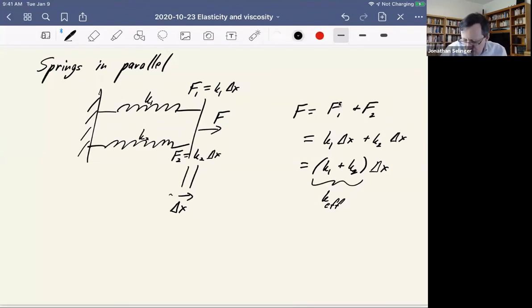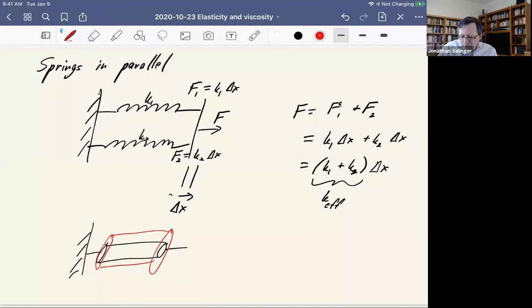In general, if we were dealing with a block of material that's getting stretched, and then we compare that with a different block of material with a bigger area, right? So increasing the cross-sectional area of the material to some fatter bit of material like that, that's like putting springs in parallel, right?